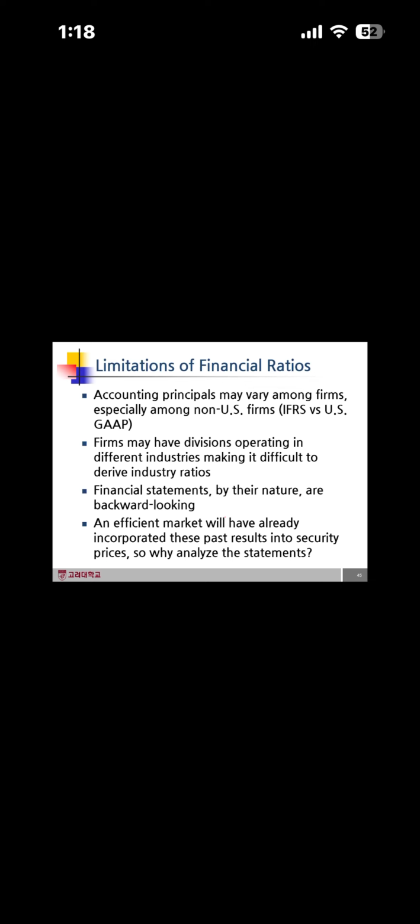Analyzing financial ratios has some limitations. Say, accounting principles may vary among firms, especially among non-US firms, such as firms using IFRS versus US GAAP. In addition, firms may have divisions operating in different industries, making it difficult to derive industry ratios.